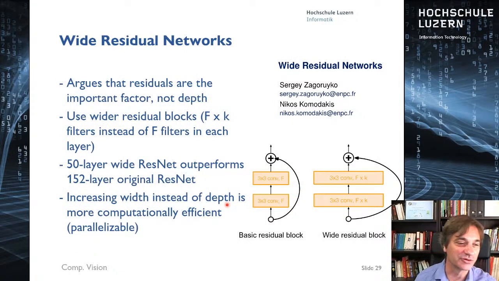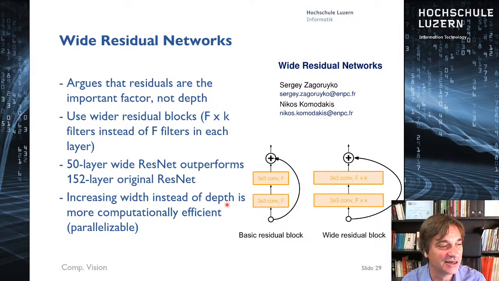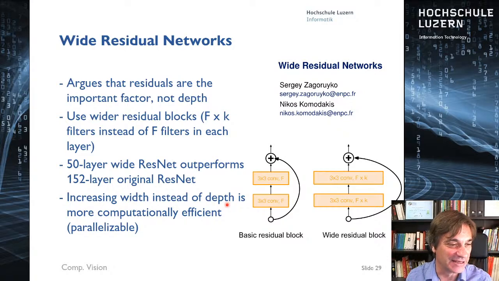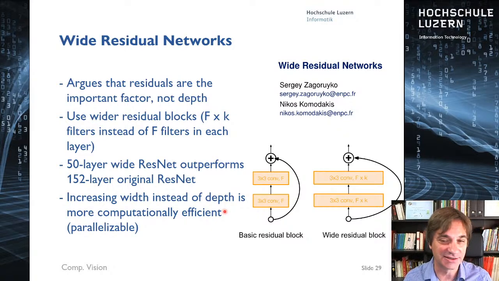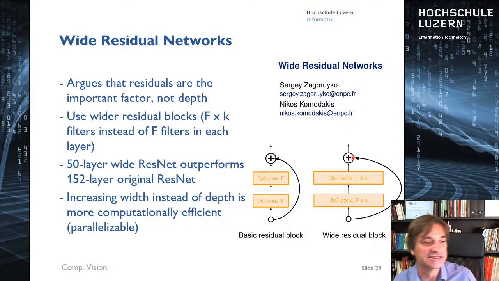And one more approach was that somebody tried, okay, ResNet is fine, but it's not all about the depth of the network. It's also valuable to make the network wider, with just more filters at one stage, and make some residual connections there.